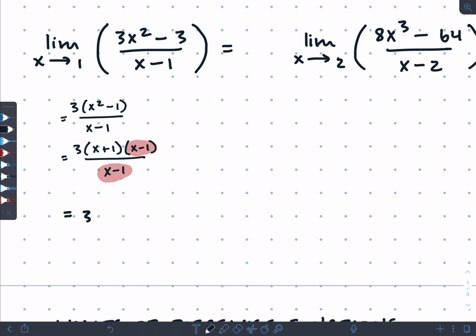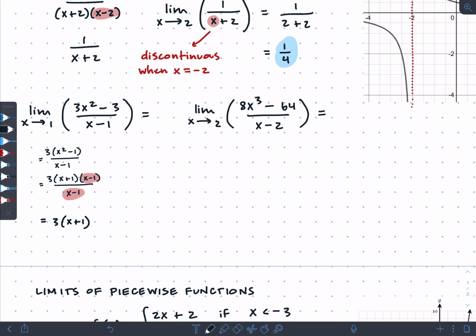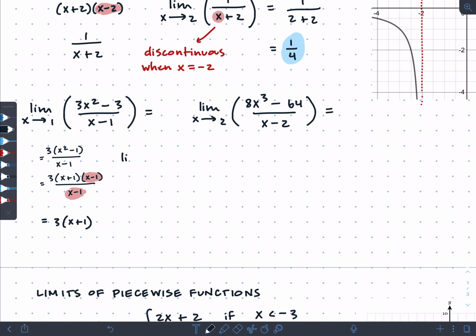And I'm left with 3x plus 1. And so now I'm evaluating this limit, as x approaches 1 of 3x plus 1. And I can simply plug in 1 for x here. And looks like it's going to be 6. When I evaluate that, 6. Okay.